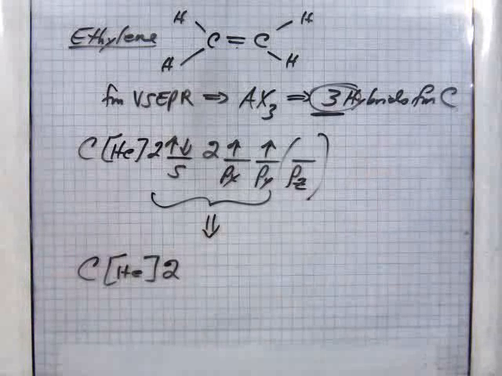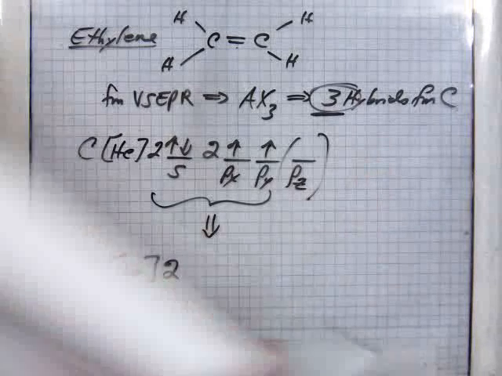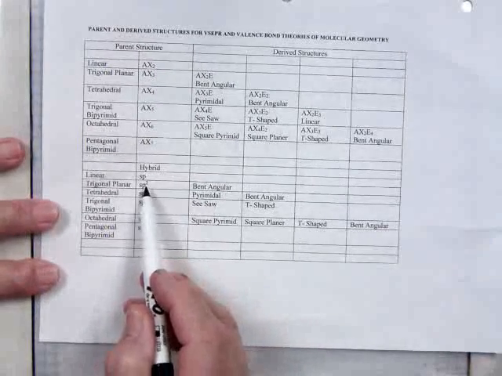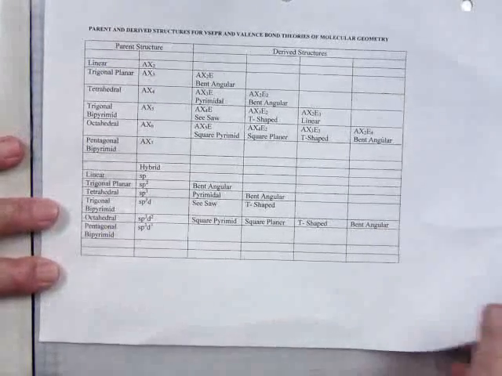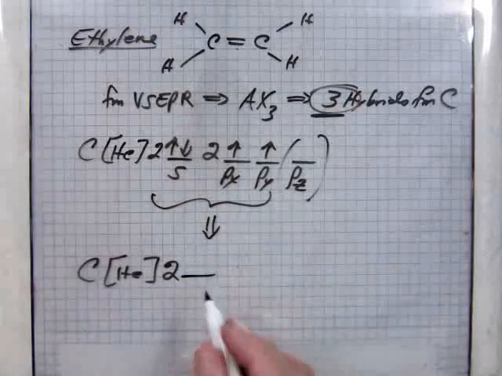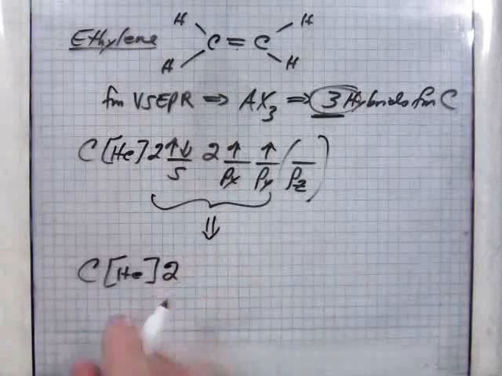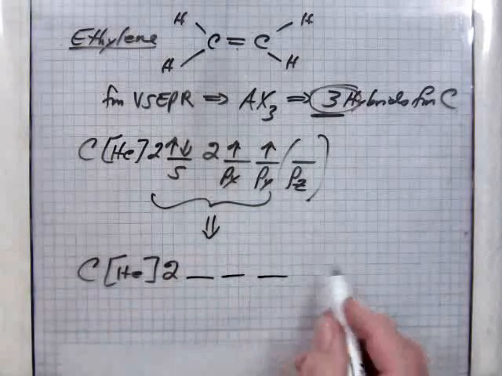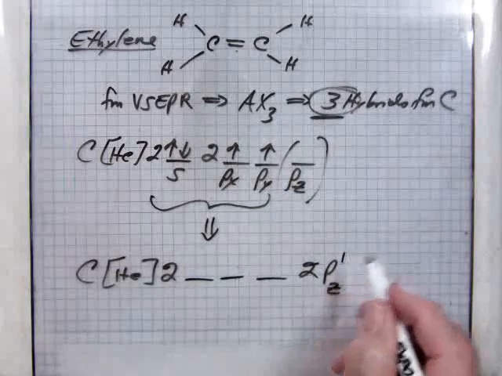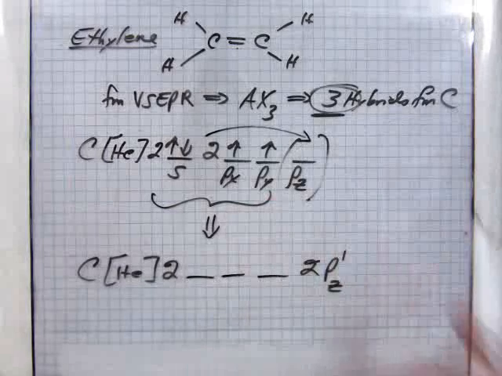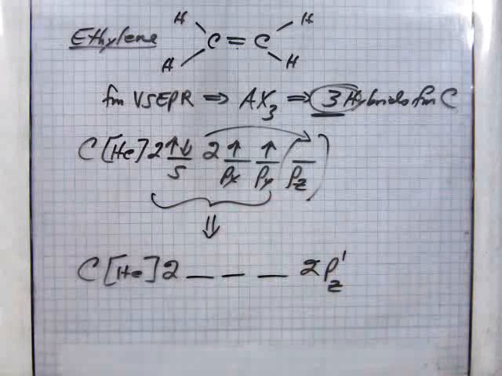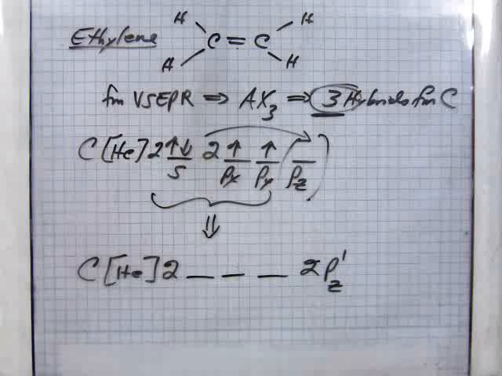And AX3s are associated with what? sp2. So we have an s and two p's, and then a pz hanging out there that didn't do anything. So I'd write it the other way, sp2, and then a 2pz unhybridized, but it's going to carry one electron. You might even, if you want to, promote out there, because that has to accommodate part of the multiple bond, and I'll show you in a second.